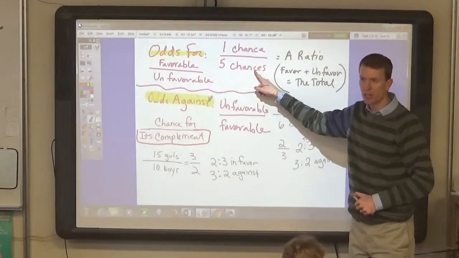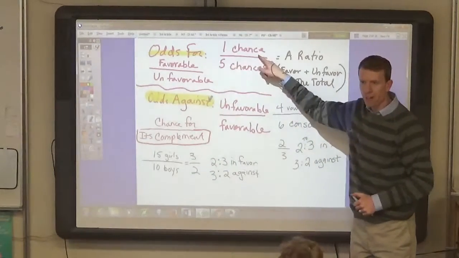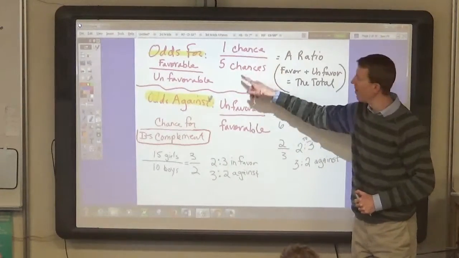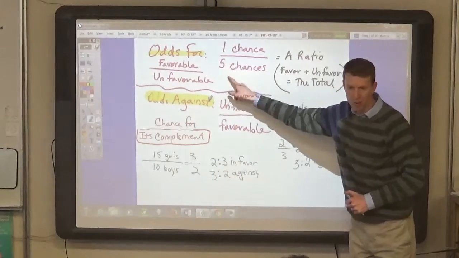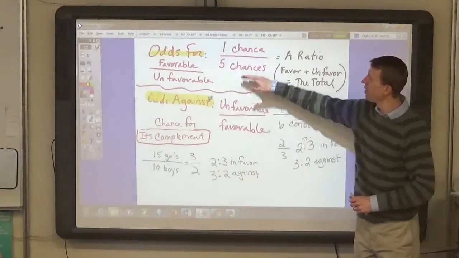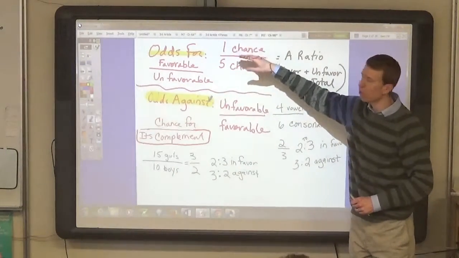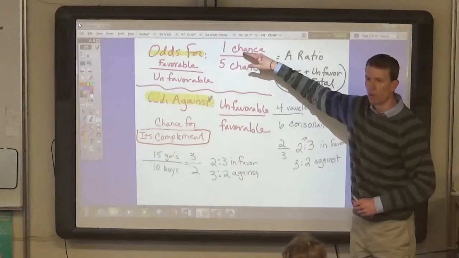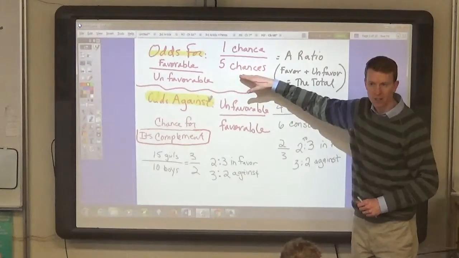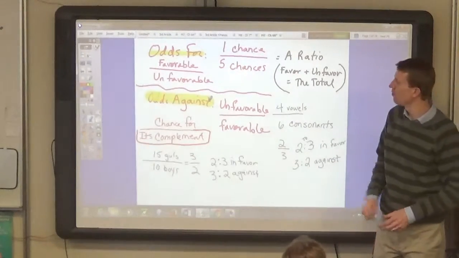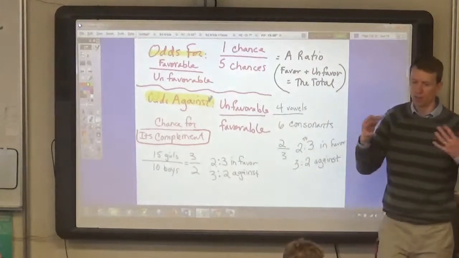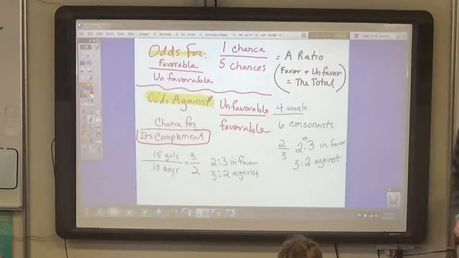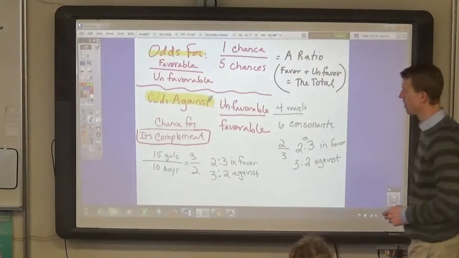The odds for rolling a 5 is 1 to 5, since there are 5 other numbers, which is why we didn't write 1 out of 6, the probability, but rather the odds 1 to 5. And if you add these two, you get the total chances of all the possible outcomes.